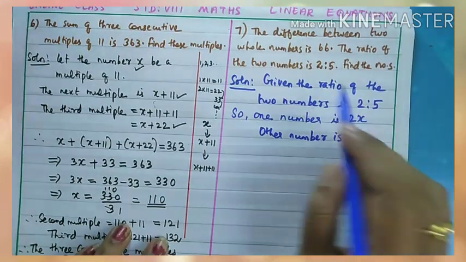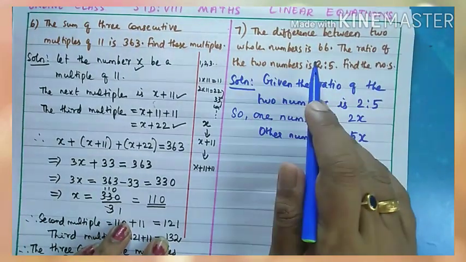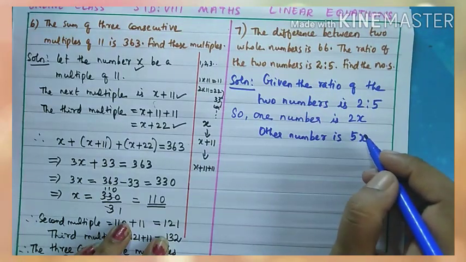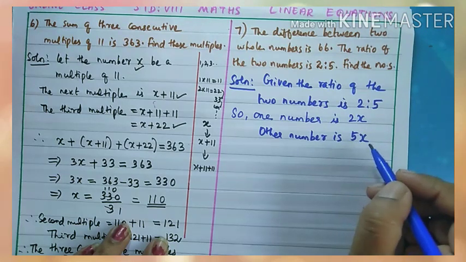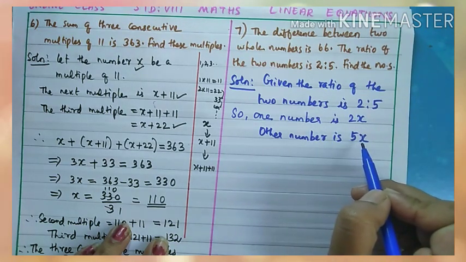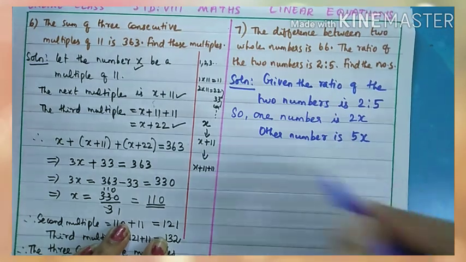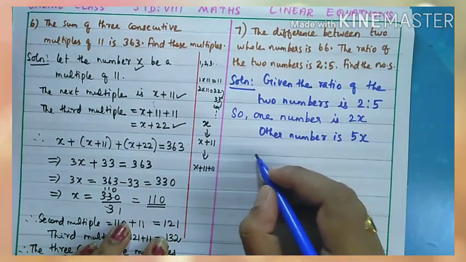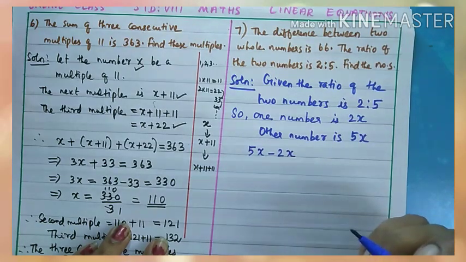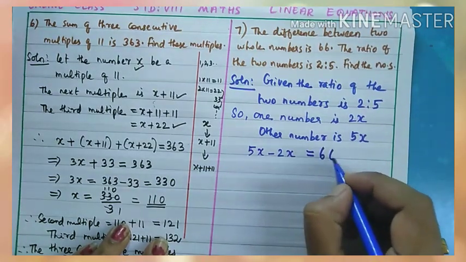Now you come to the question. The difference between the two numbers is 66. From these two numbers, difference means we want to subtract. So here I am going to take this 5x first, because multiple of 5 and multiple of 2. So 5x I am taking as first. So difference 5x minus 2x. Difference is 66.